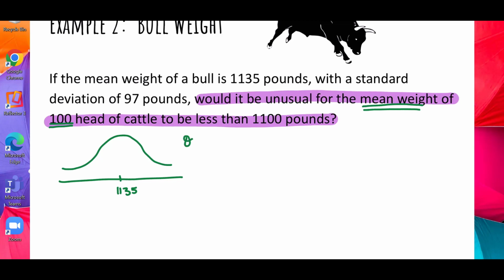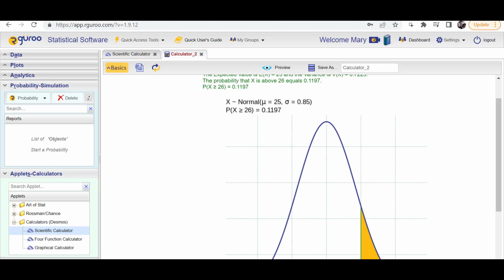And then the standard deviation, remember, is the standard deviation of the sample distribution, which is standard error, the standard deviation over the square root of n. So it would be the standard deviation over the square root of n, which is 100. You're going to get 9.7. But I'll show you how we do that with the calculator again.